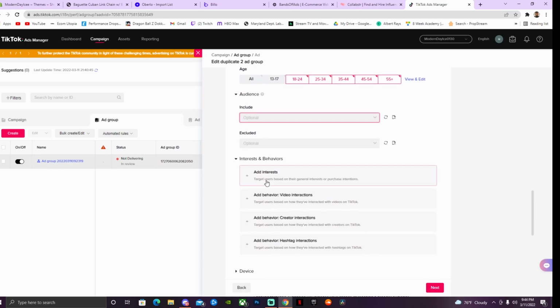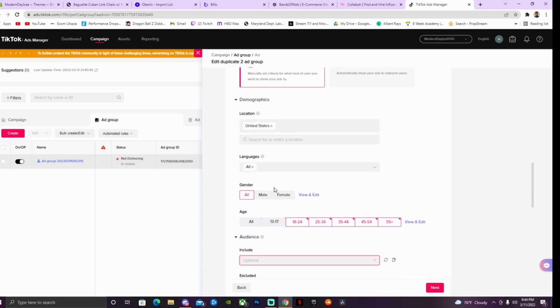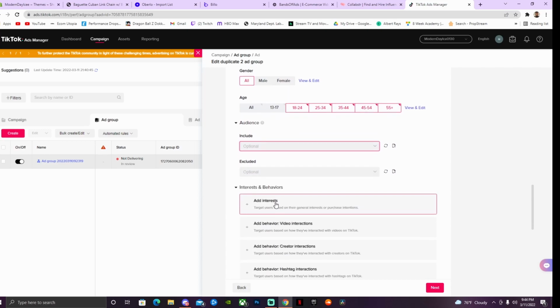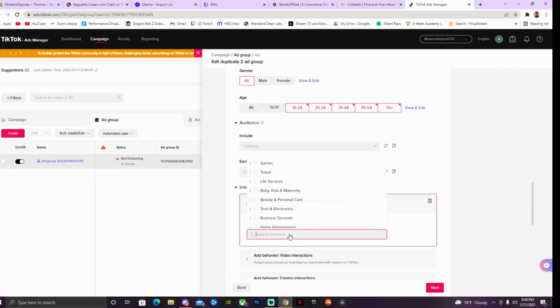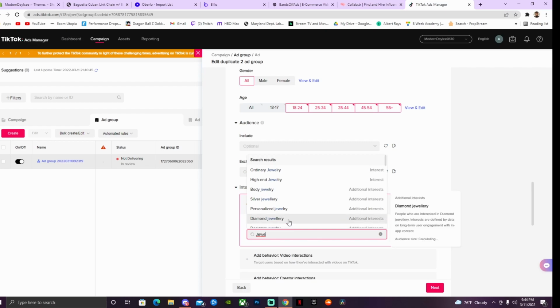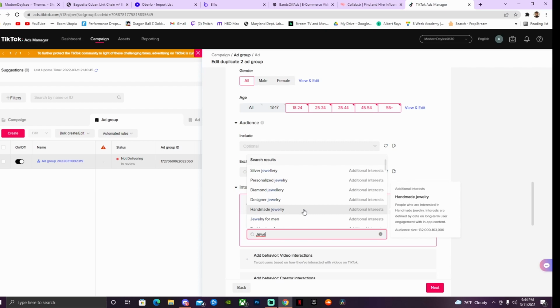So when it comes to the duplicates of the ad group that you already have running, this is where you would add your interest to narrow down the audience. For instance, let's see, jewelry. We got diamond jewelry, personalized jewelry, handmade jewelry. You want to look at the audience size right here, or on the side here.